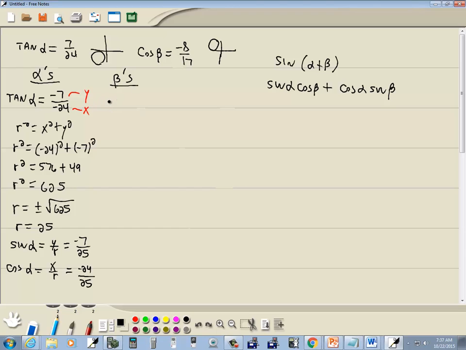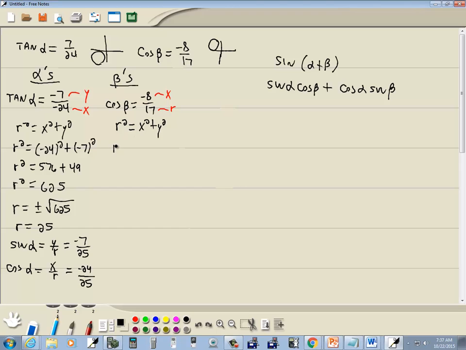They give us cosine beta is equal to negative 8 over 17. And cosine is x over r. So we need to find y. So we got r squared is equal to x squared plus y squared.